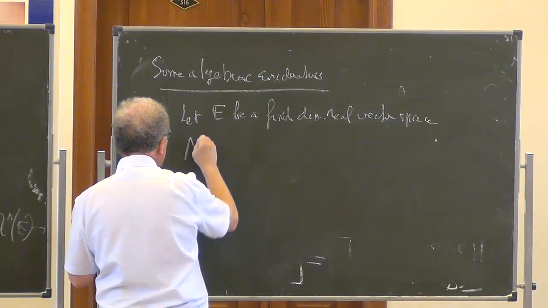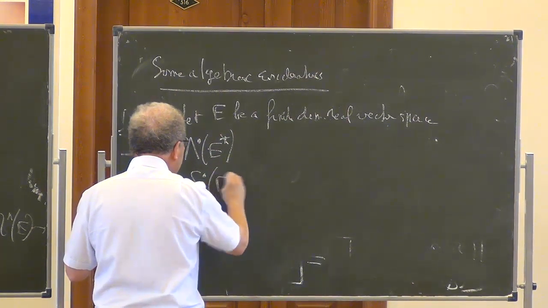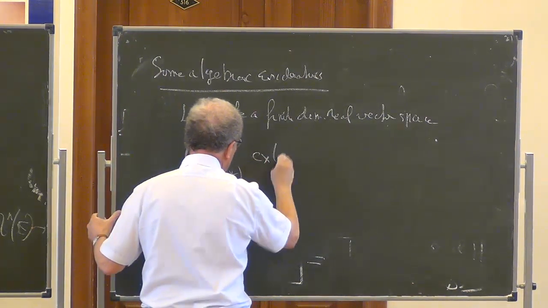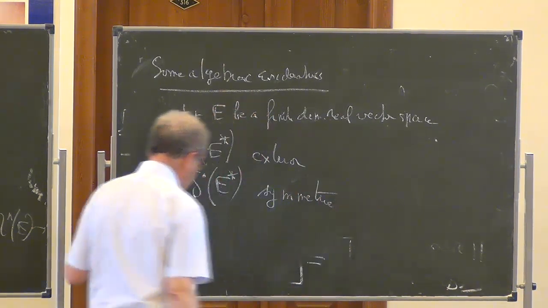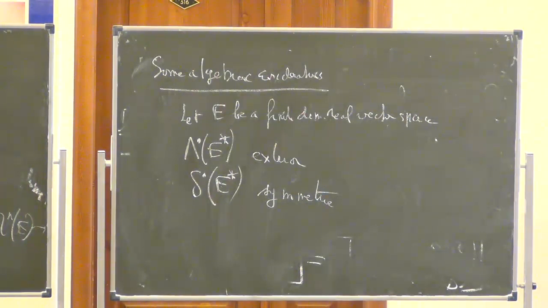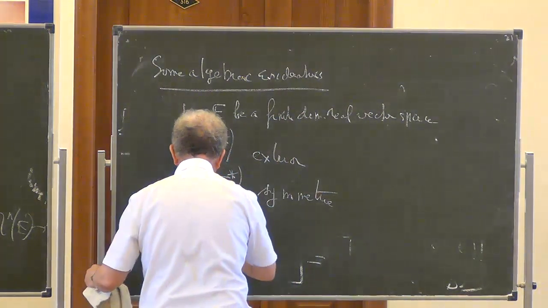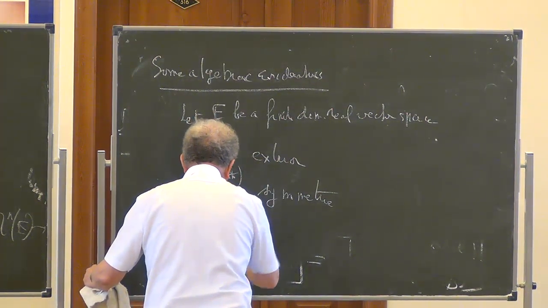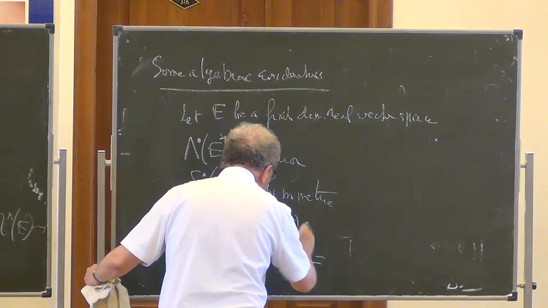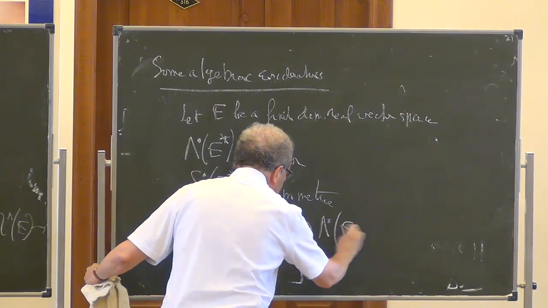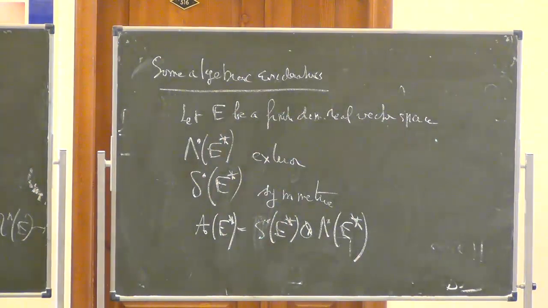So I introduce these algebras, the exterior algebra, the symmetric algebra, so this provides you with multiplicative functors in the proper category, and also I introduce the algebra A of E star, which is the tensor product of the exterior algebra Lambda of E star times the symmetric algebra S of E star. I just take the tensor product of the exterior algebra times the symmetric algebra.